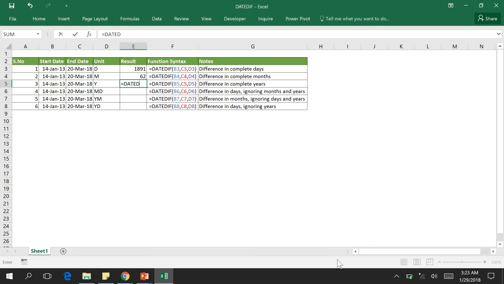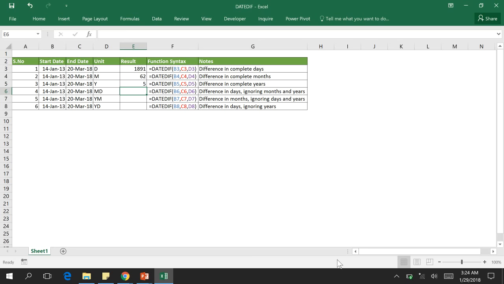Now moving to the third unit, putting my first argument start date, second end date, and third unit is Y. So it will calculate the duration in years only. So the duration between year 13 and year 18 is 5 years.